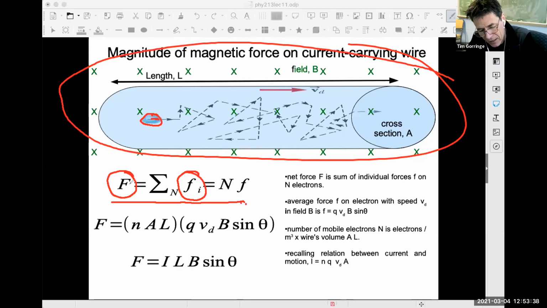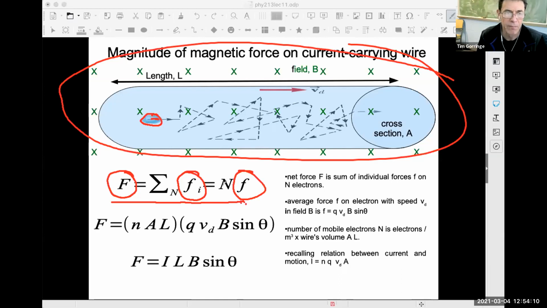And that total force that emerges will end up being the number of electrons times the force that results from the drift motion of the individual electrons. So this f here is the force arising from each electron's drift motion, and this N is the number of those electrons. That's the basic idea.